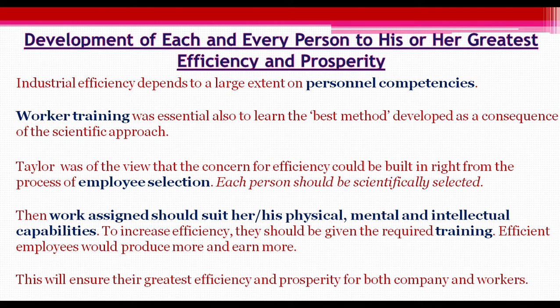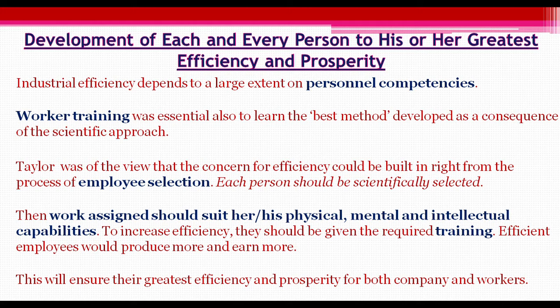Industrial efficiency depends to a large extent on personal competencies. If I am talking about the development of each and every person to their greatest efficiency, it means we have to include that person and train that person so that he or she can best utilize their efforts, and they should learn the best method developed as a consequence of the scientific approach.